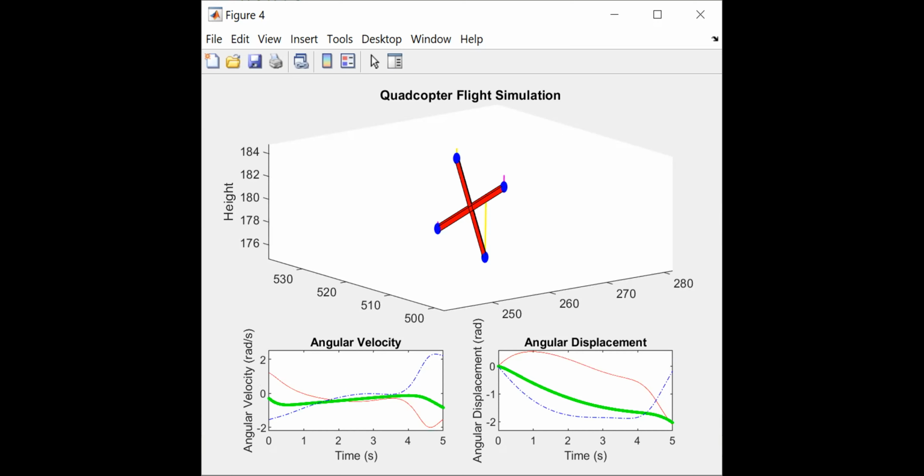Everyone understood? Any questions? So try this again, and hopefully you would be able to see the code.